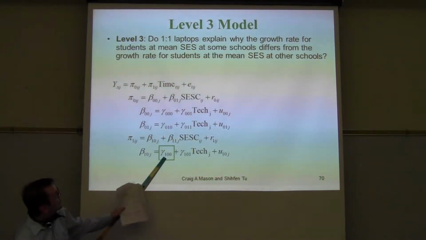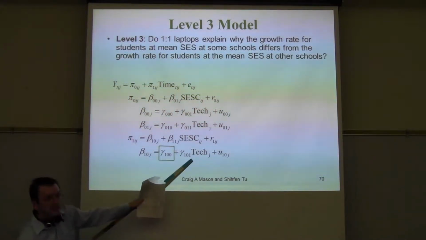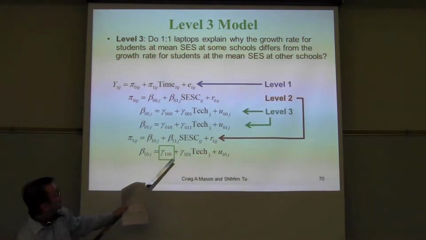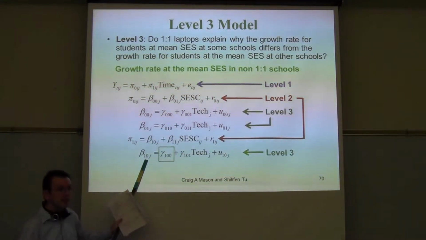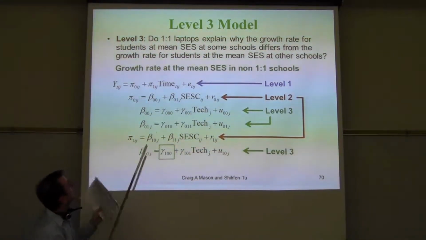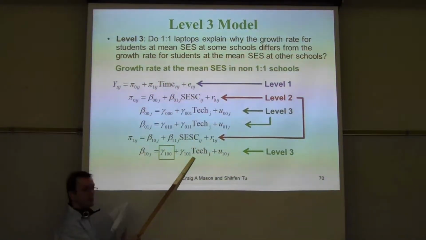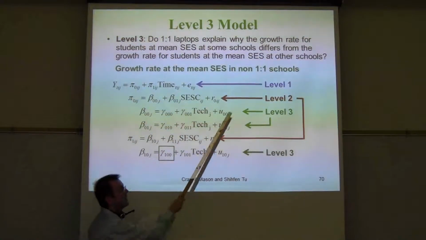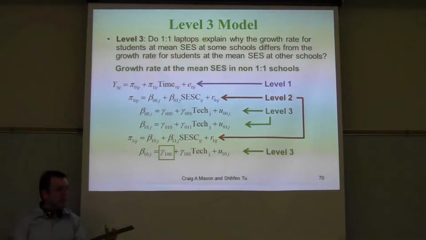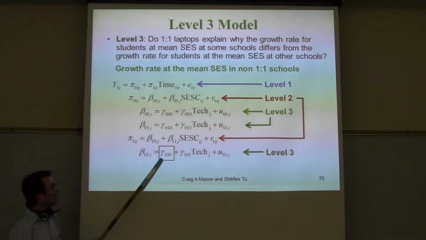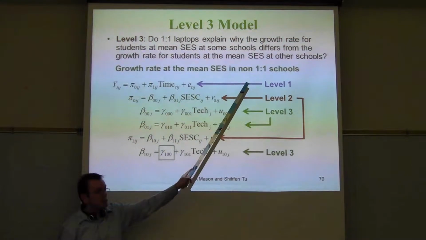Gamma 100 is the predicted beta 10J when tech is equal to 0. So it's that predicted growth rate at the mean SES when tech equals 0, in a non-laptop school, in a non-one-to-one school. Put it all together, gamma 100 is that growth rate at the mean SES for a non-laptop school.